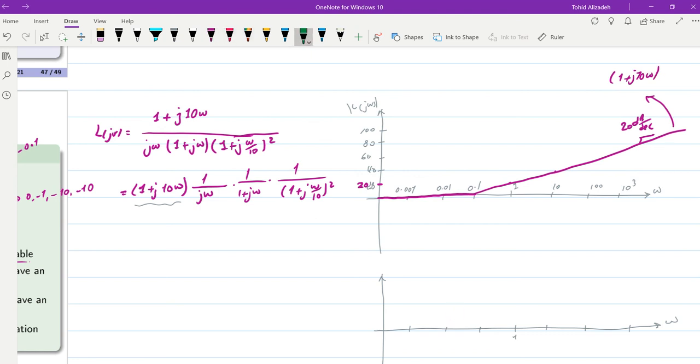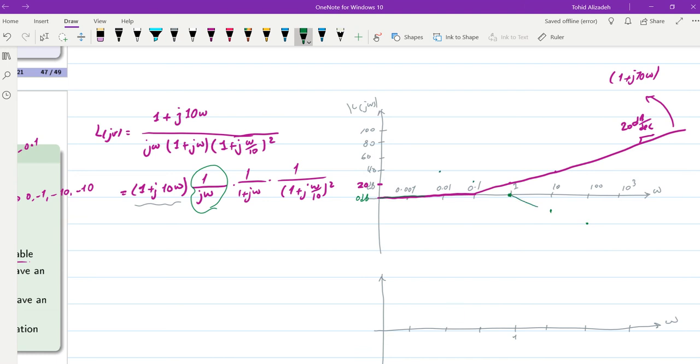The next component to consider is 1 over j omega. Indeed it's a pole right at the origin. So we'll have a straight line with the slope of minus 20 decibel per decade. And it will cross the 0 dB at omega equal to 1. So we will have minus 20 dB here, minus 40 dB, 20 dB, and 40 dB.